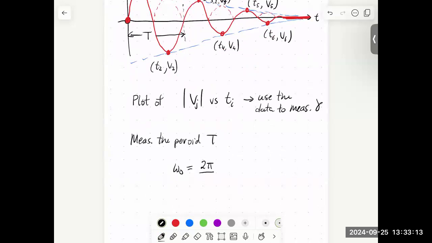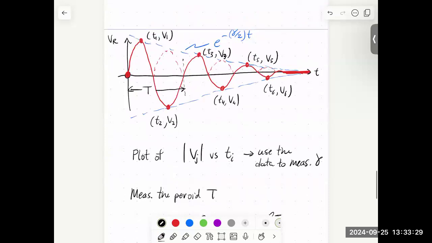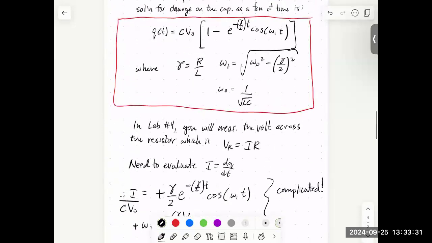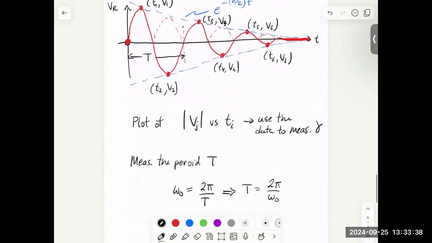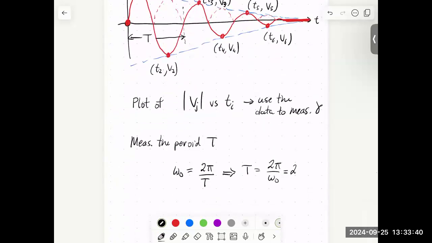That's 2 pi over T. And so that means T is 2 pi over omega naught. But remember, the way we defined omega naught, it was 1 over the square root of LC. It's over here. Omega naught is determined by the inductance and capacitance in your circuit. And so this would be equal to 2 pi root LC.